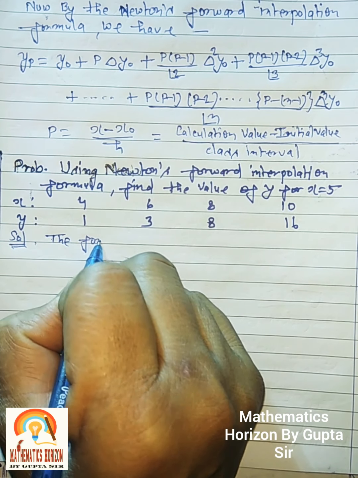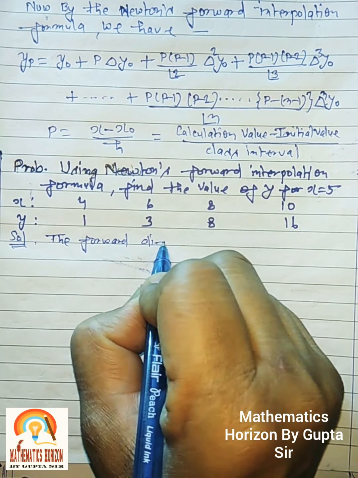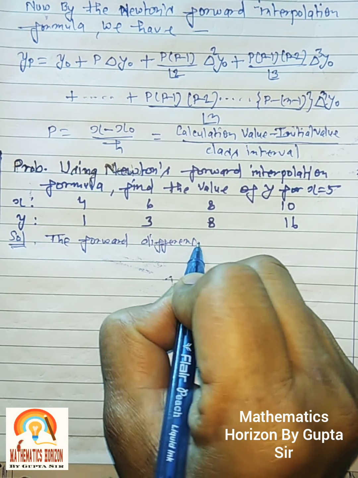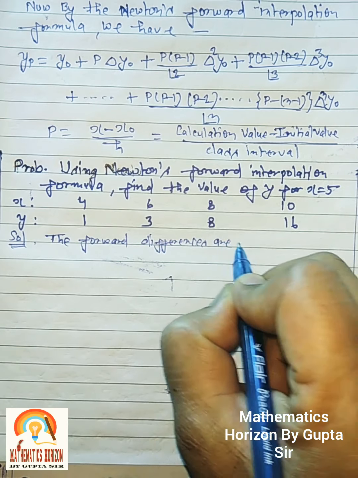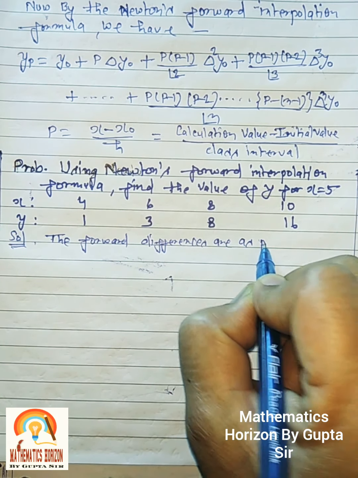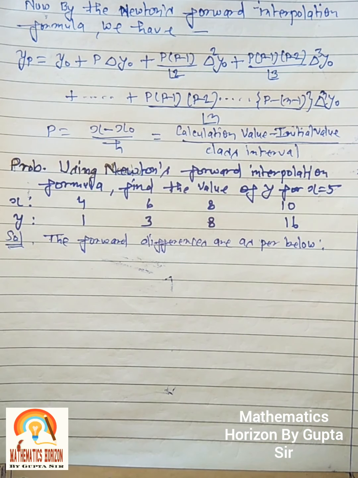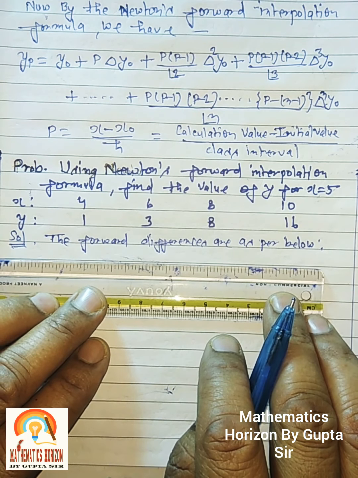The forward differences are as per below. Now we will develop a table.